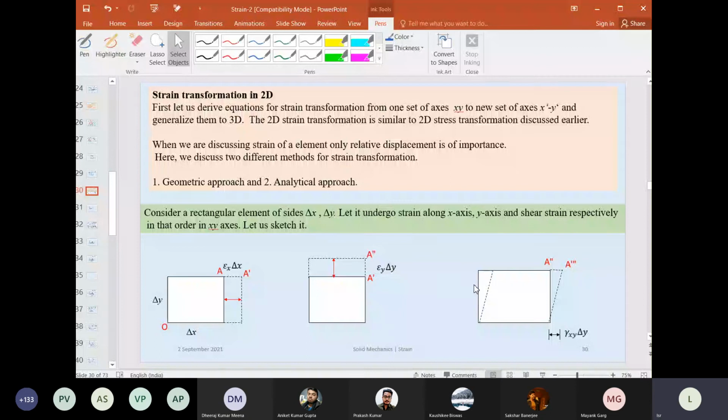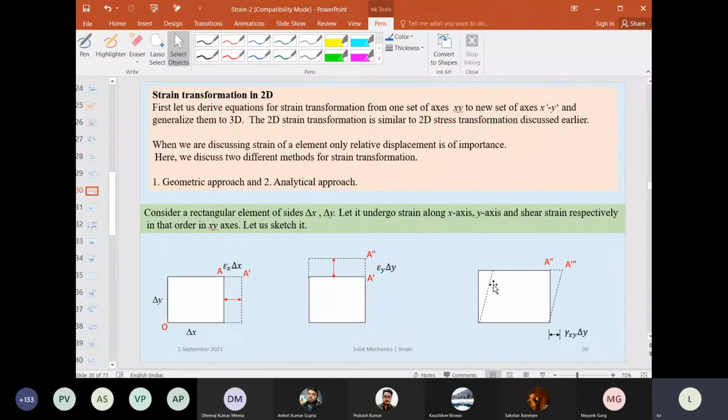Now again you will have shear strain, then A double dash will go to A triple dash. Actually shear strain, as we have just discussed, we have to denote by gamma xy by 2.